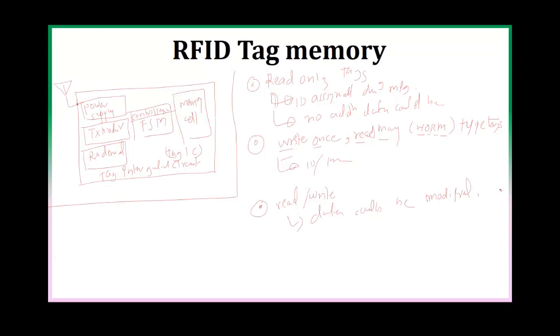You could partition it and lock a particular segment, saying this segment has been locked and I don't want this information to be modified. So these are three different types of tags which are available in the market.